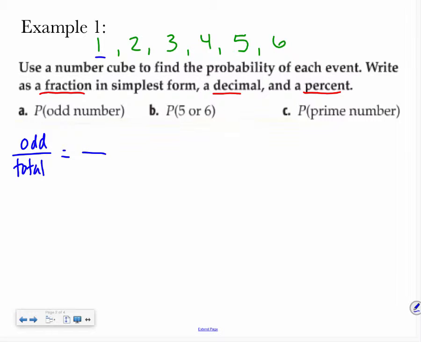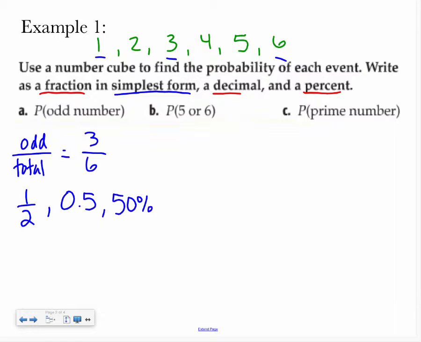There's 1, 2, 3, and there's 6 possible outcomes. So there's our fraction, but we want it in simplest form. Our fraction becomes 1/2, which as a decimal is 0.5. And as a percent, 0.5 is 50%. Okay, so we're tying together some old skills here.